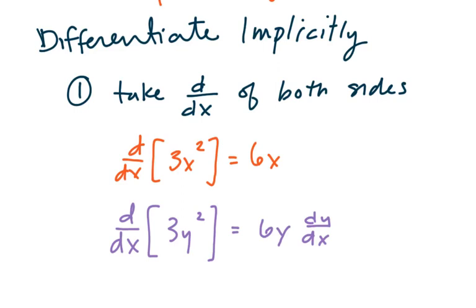So essentially the main difference here is just if you take the derivative of y with respect to x, you need to write dy dx at the end. So hopefully you can see the difference here. I took the derivative of x and it worked just as usual. But when I take the derivative of y, I still take my derivative as usual. This became my 6y, but I must write at the end dy dx that says I took the derivative of y with respect to x.